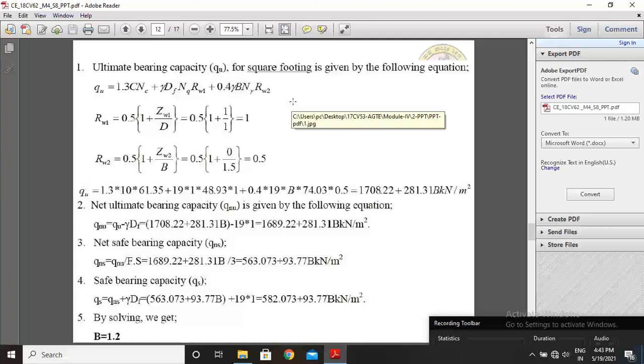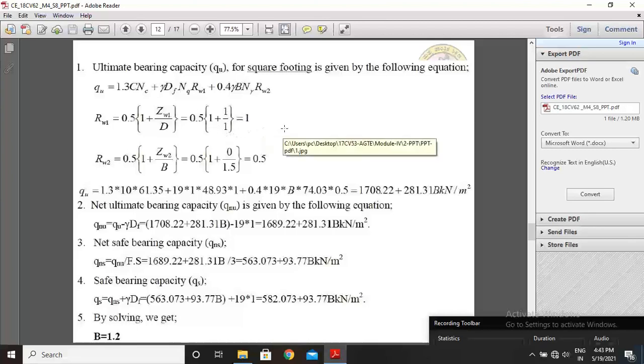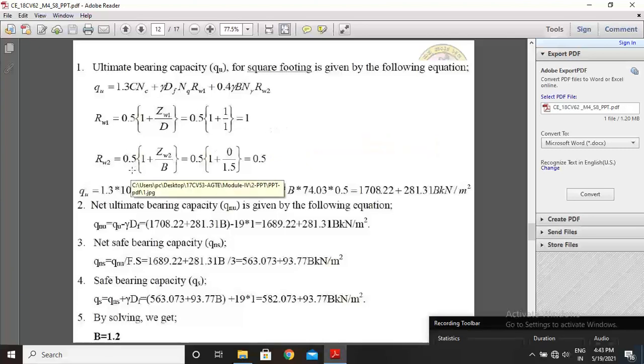RW1 is given by 0.5 times 1 plus ZW1 by D. Now substitute the value. 0.5 times 1 plus ZW1 is 1 divided by D is 1. So answer is 1. RW2 is given by the relation 0.5 times 1 plus ZW2 by B. Here 0.5 times 1 plus ZW2 is 0 meter by B is 1.5. So answer is 0.5.